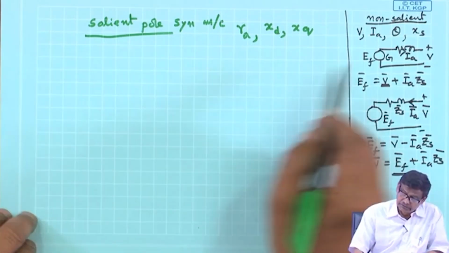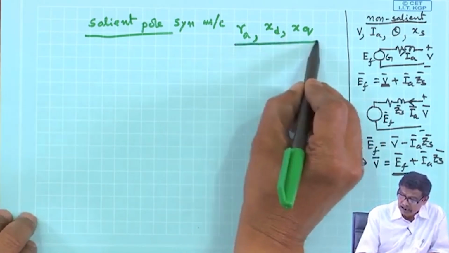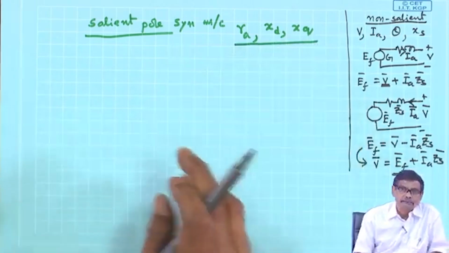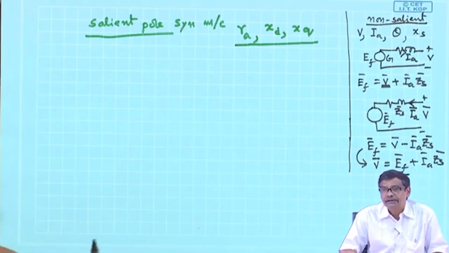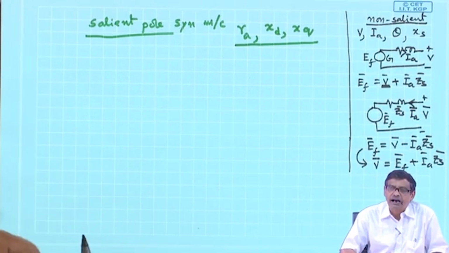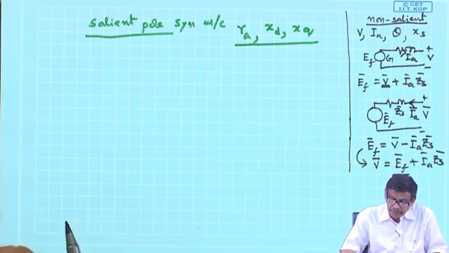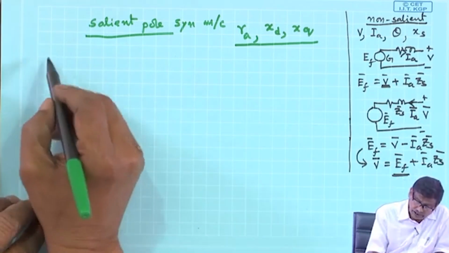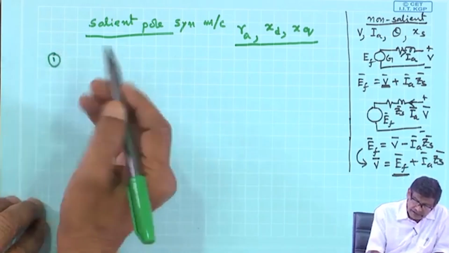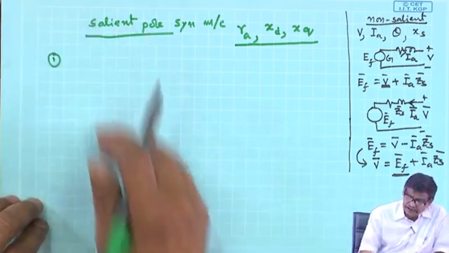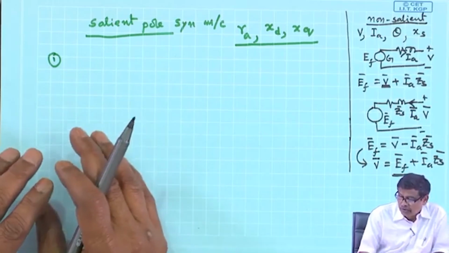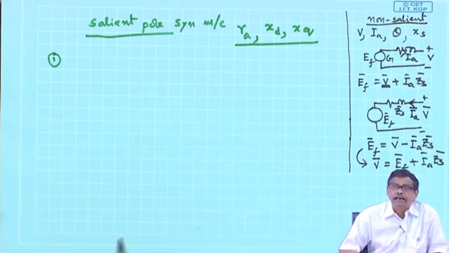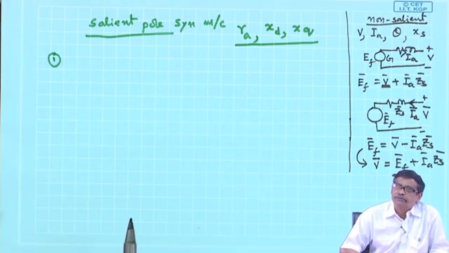Now, suppose a salient pole synchronous machine, I will apply the same rule, and I will now show you today, giving different conditions, how to draw quickly the correct phasor diagram. Suppose I say case 1, follow me, try to follow how this phasor diagram can be drawn rather quickly.